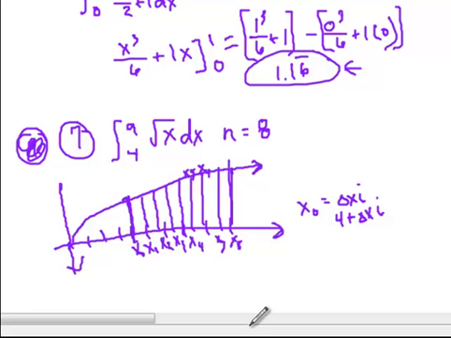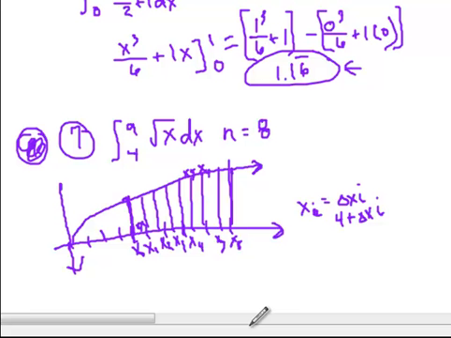Okay, so nothing really has changed except your x sub i's are not just delta x times i, but you'll notice this very first one will be 4 plus delta x times i. So all of these are delta x's, and so along the x-axis, your next one over would be 4 plus 1 times delta x, and then 4 plus 2 times delta x for your x sub 2, and then 4 plus delta x times 3.